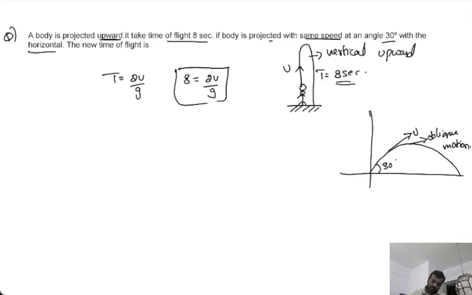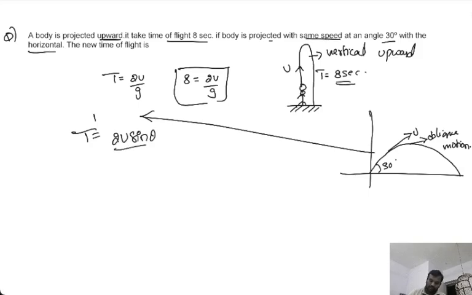Now T dash, for oblique projectile motion, is equal to 2u sine theta divided by g. Then T dash is equal to 2u by g, which is 8, into sine 30 degrees, which is 1 by 2.